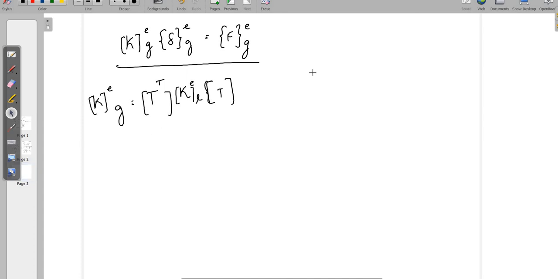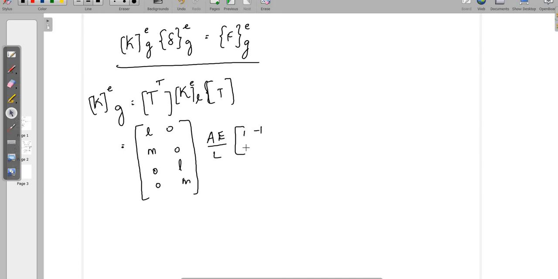I am keeping cos theta equal to L, sin theta equal to M. So T transpose is L M 0 0, 0 0 L M. This is the transformation matrix. And the K matrix for the element at local level for an axially loaded member, we know, is AE by L times 1 minus 1, minus 1 1, and the transformation matrix is L M 0 0, 0 0 L M.